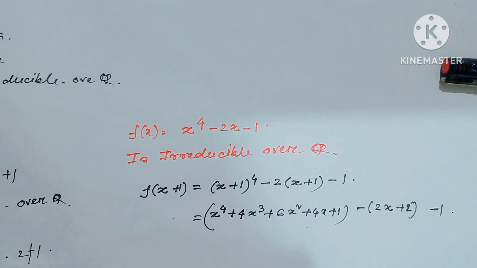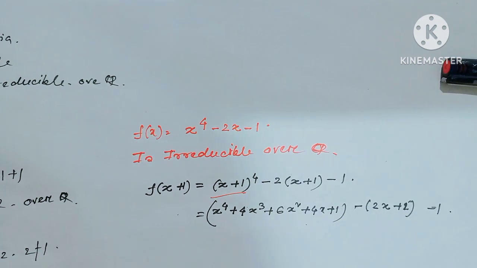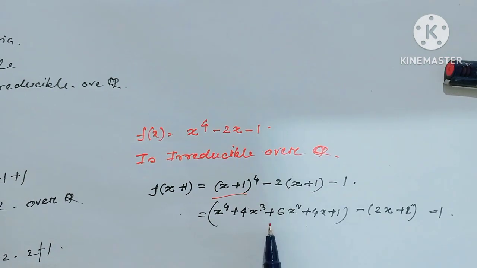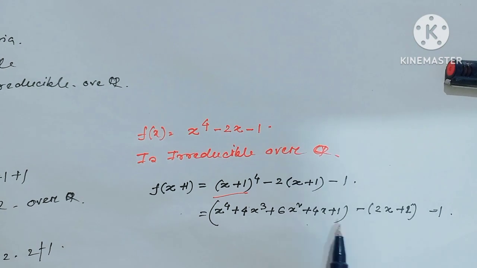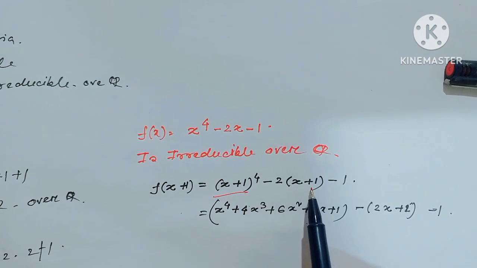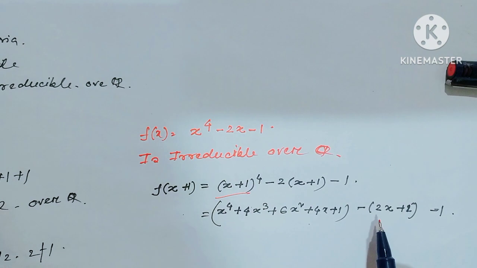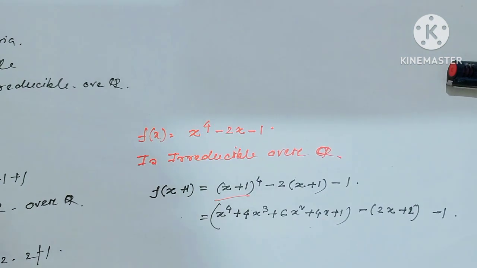And (x plus 1) to the power 4 means obviously x to the power 4 plus 4x cube plus 6x square plus 4x plus 1. Here 2 times (x plus 1) means 2x plus 2, minus 1.